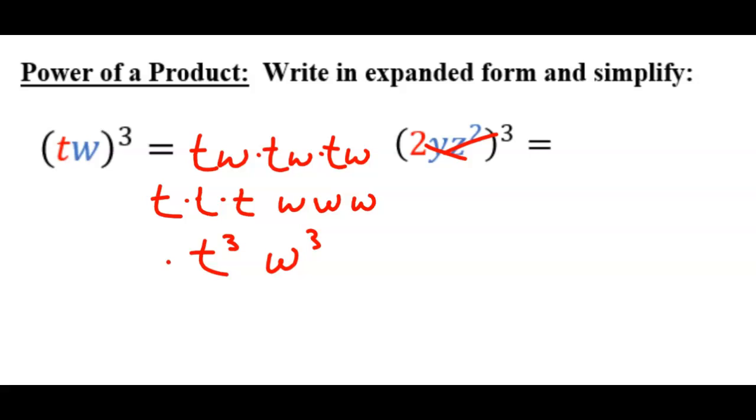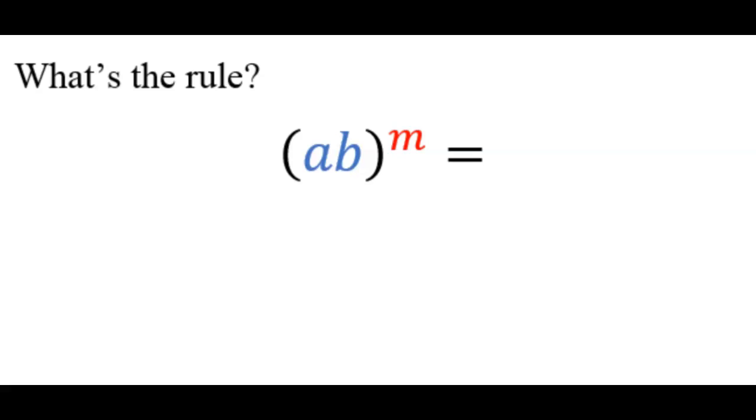Based on this answer, what do you think your rule is gonna be? Here is what we started with, and here's what we got to. Naisha said we're gonna distribute. She is correct.